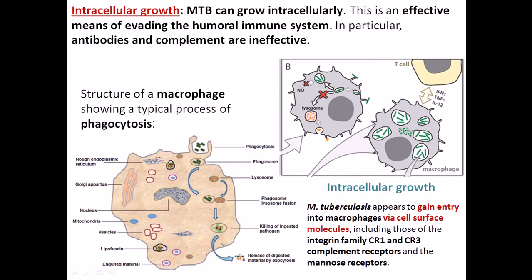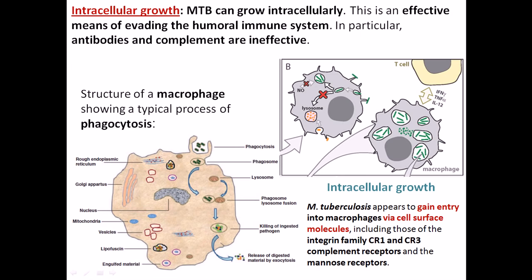Now another important criterion: I've told you the first unique thing about Mycobacterium tuberculosis is having more lipid content in their cell wall than any other prokaryote. The second unique thing about them is intracellular growth. I've already told you that they can literally grow and divide inside macrophages, or host defense cells.